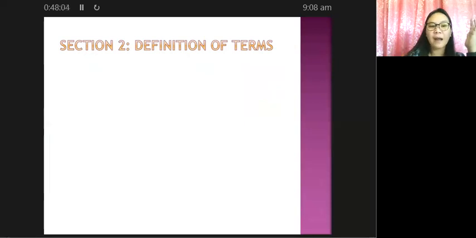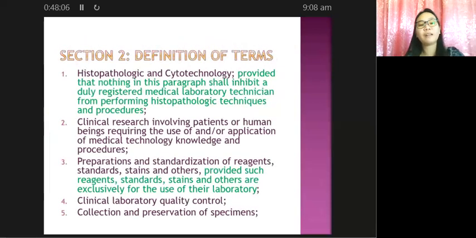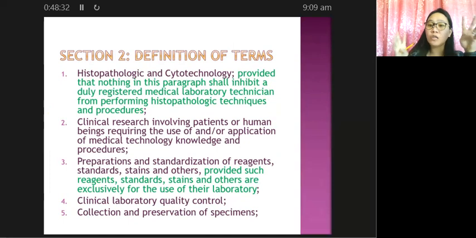Let's go back to the last four: clinical research, preparation, laboratory quality control, collection and preservation of specimens. So these four works of a medical technologist are not exclusive to medical technologists. That means other professions can also perform the last four.